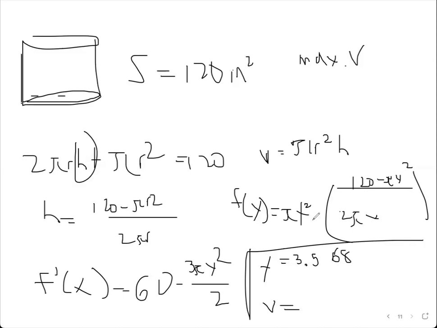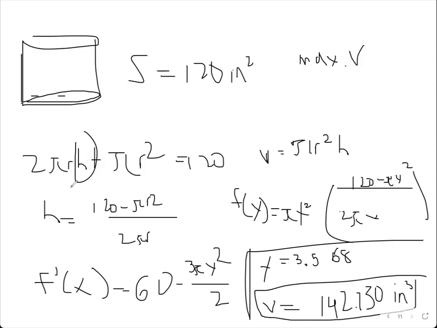You plug in the value that you got, and if you were to calculate it out, you would get the maximum volume, and that would be 142.730 cubic inches. So that's how you'd solve this problem.